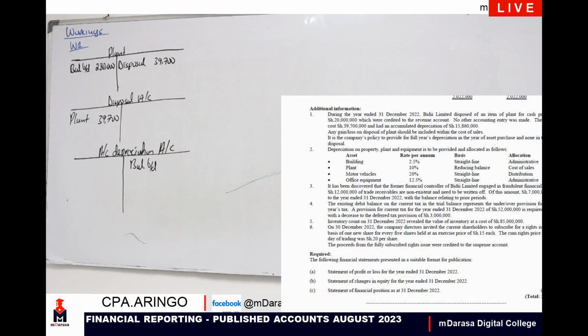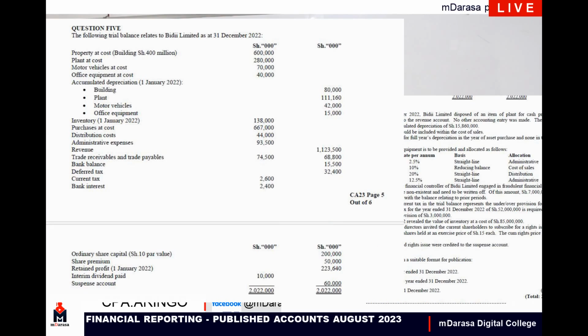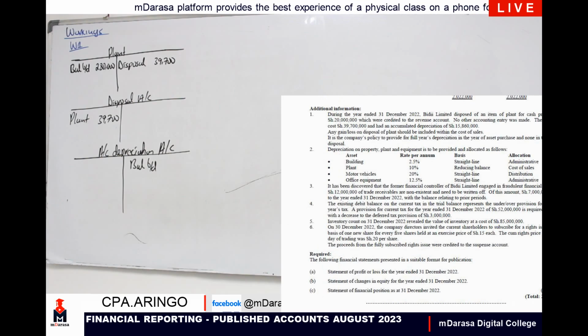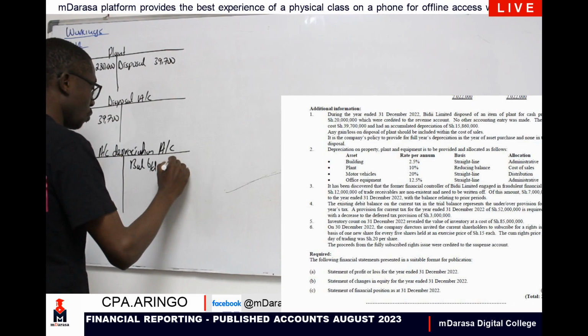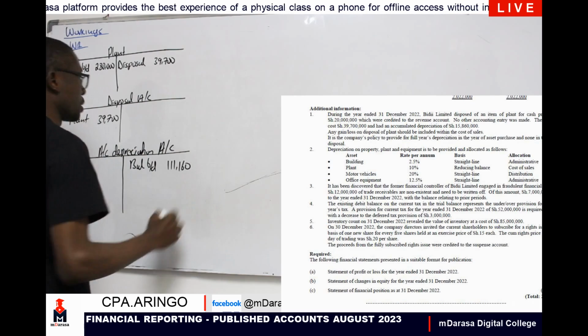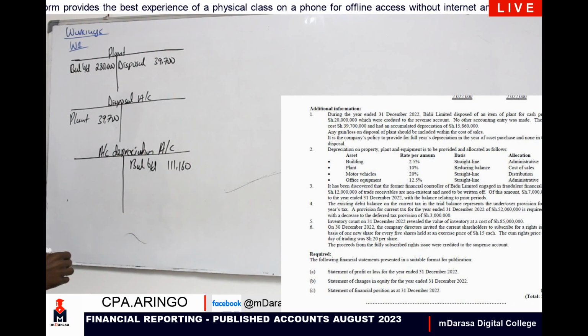Where we were given a figure of how much? Check our value there. That is accumulated depreciation for plant. You can see I'm given building is 80, plant is 111,160, right? So that is what I'm going to take, 111,160 there. So I'll be having here 111,160, the value that you're having.